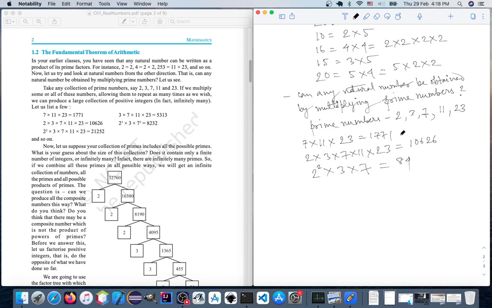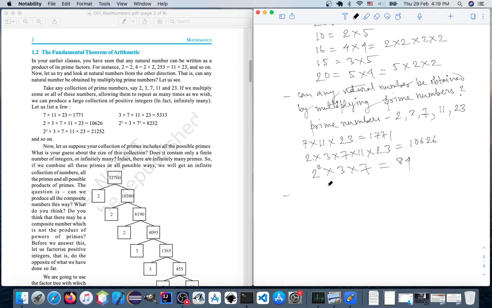So what if we use the collection of all the prime numbers? What is your guess about the size of this collection? Does it contain only a finite number of integers or infinitely many? In fact, there are infinitely many primes.